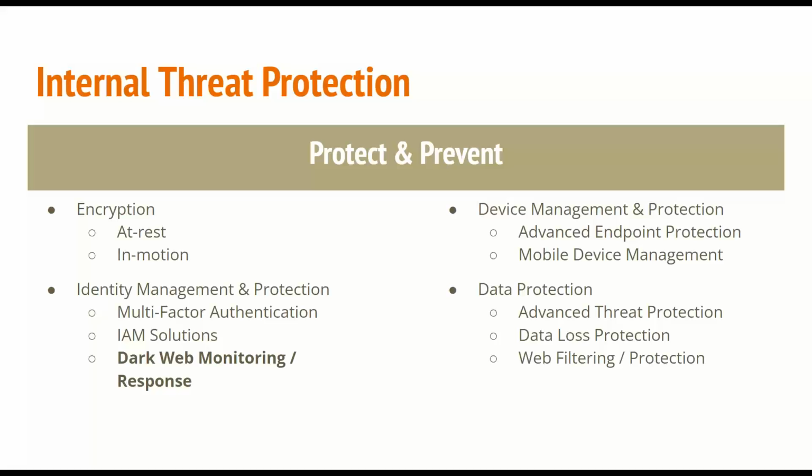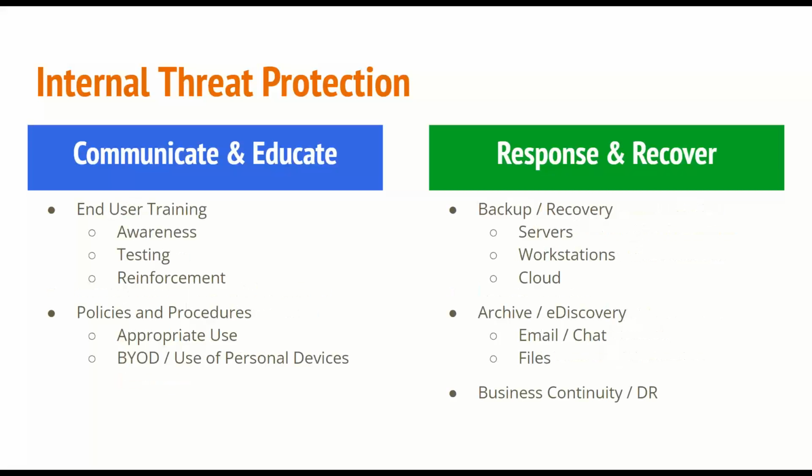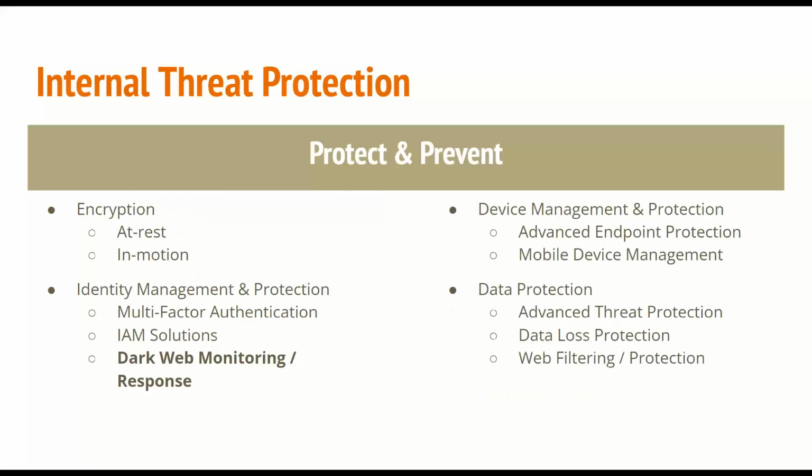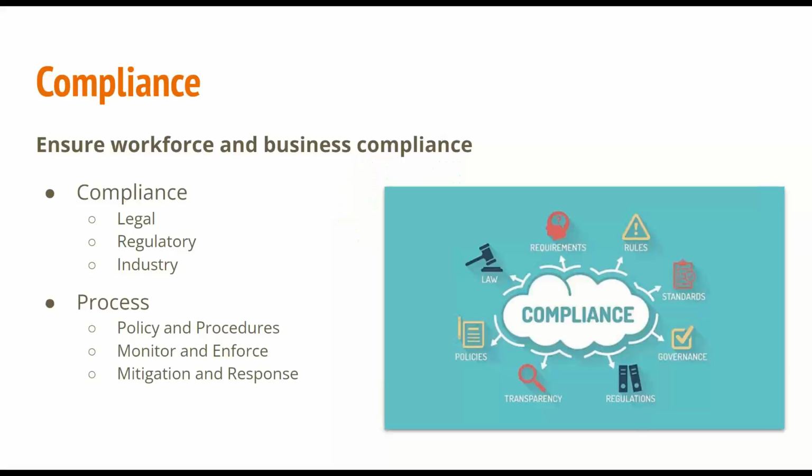But generally, we feel for internal threat protection, there's a higher level of training and education that needs to be in place, so that people understand the policies and procedures about who does what, how, and when, and how their actions can help or hurt the effort to manage data, information privacy, people's privacy, and the confidentiality of information that goes around. On that note, we're going to move into cornerstone number 4, and that's compliance.